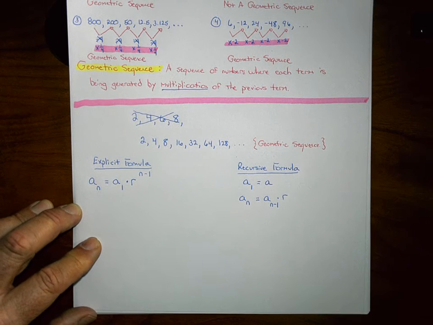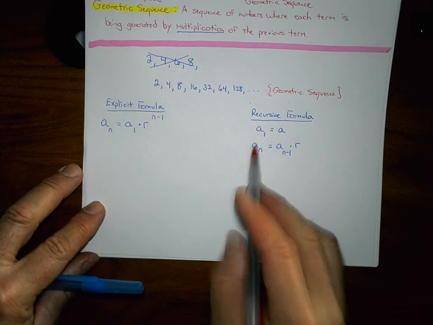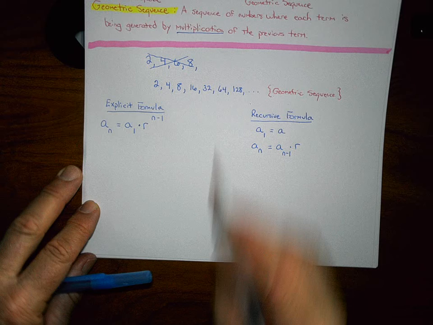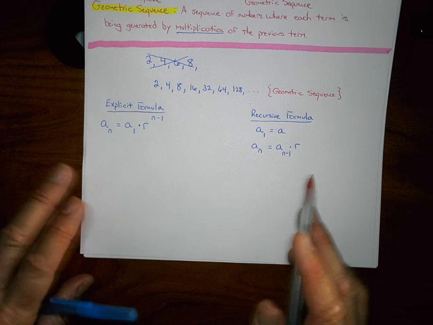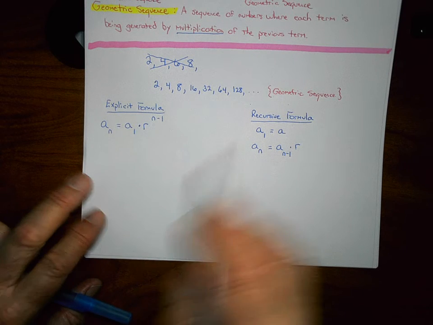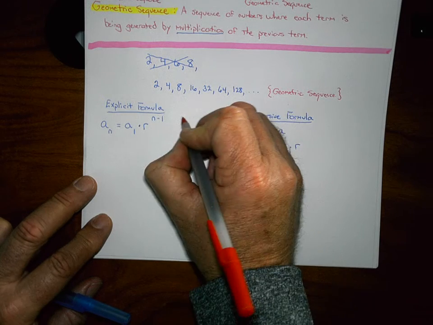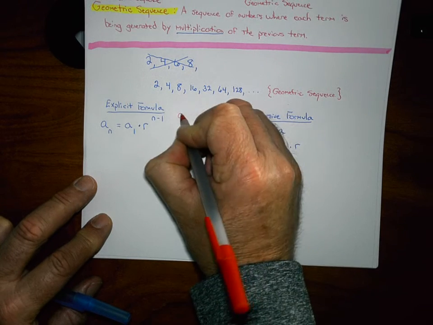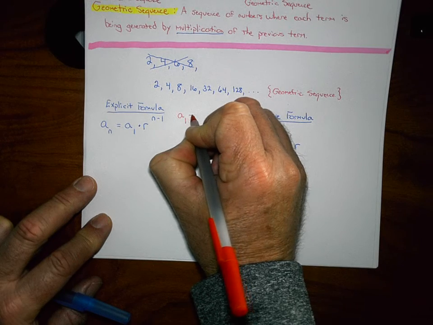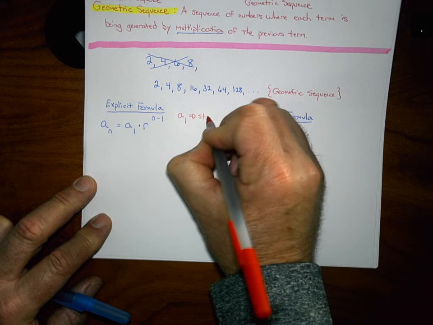Okay, now both of these formulas have lots of variables in them. They have lots of letters in them, and what we want to do is see what the letters in the formulas mean. Some of the letters we're not going to worry about. We're never going to change them, but some of the letters will always be turned into numbers. Okay, so in these formulas, the a subscript 1 means the first term, which we'll call the starting value.